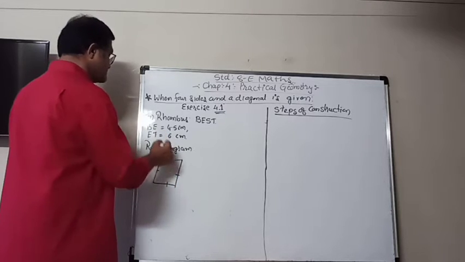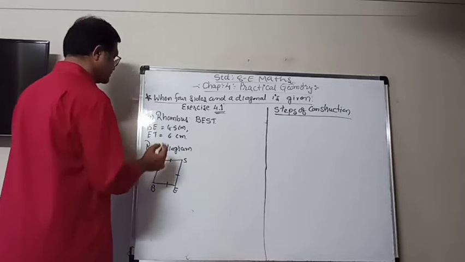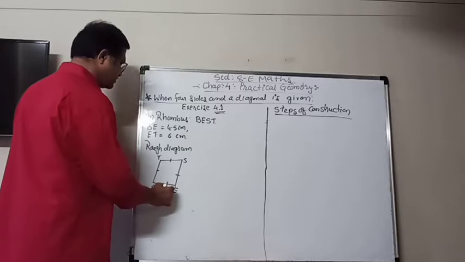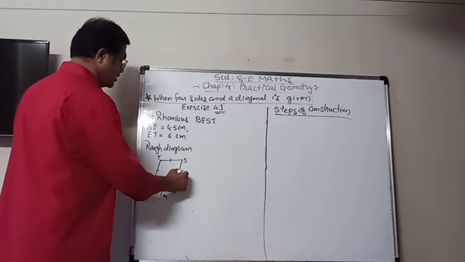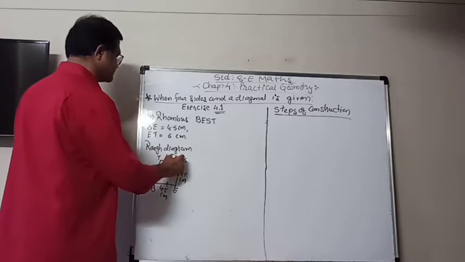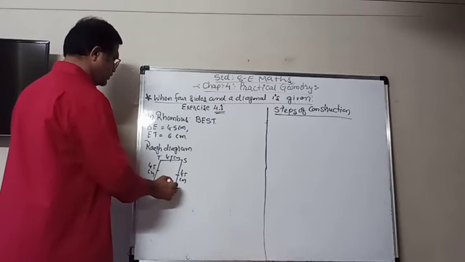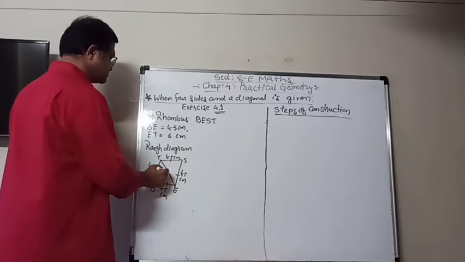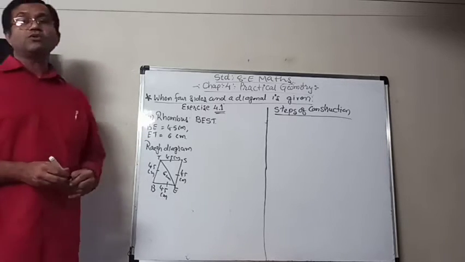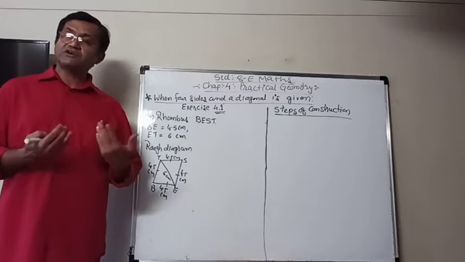And BEST. So here BE is 4.5 centimeter. It means that we know that all sides are 4.5 centimeter. And one of the diagonals is 6 centimeter. So it looks like only 2 measurements are given. But actually 4 sides are equal.